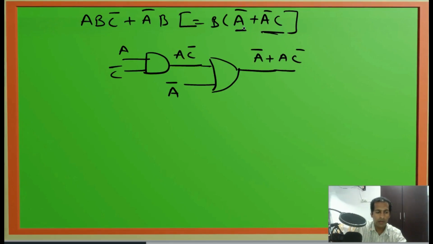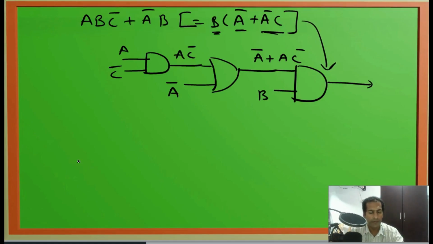Now all this should be ANDed with B, so at the output we have this expression. Like this, hybrid logic can also be reduced. With this we will stop this session, and in the next session we will see some new topics and examples. Till then, have a good day. Thank you.